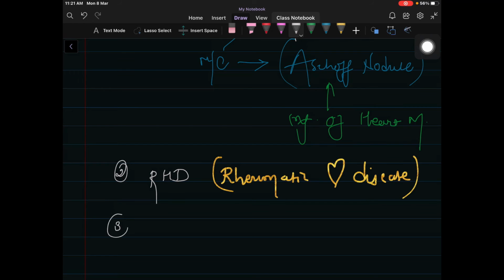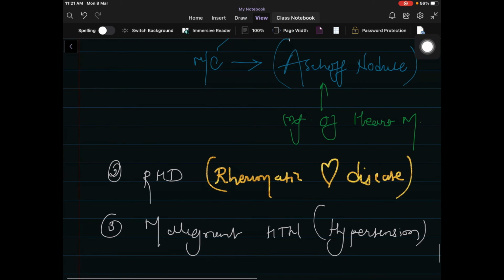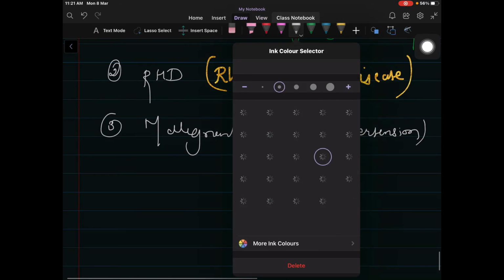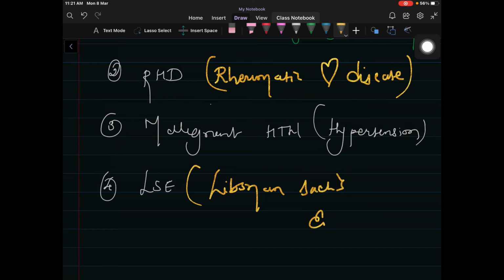Third example, that is malignant hypertension. And the last example, that is LSE. LSE is nothing but Libman-Sacks endocarditis.